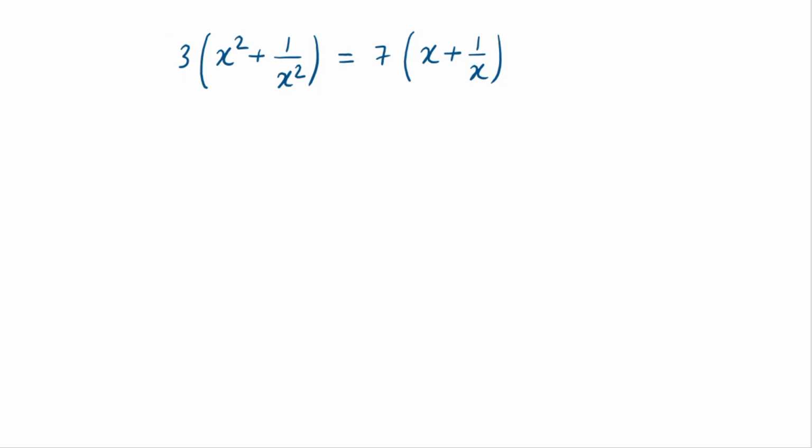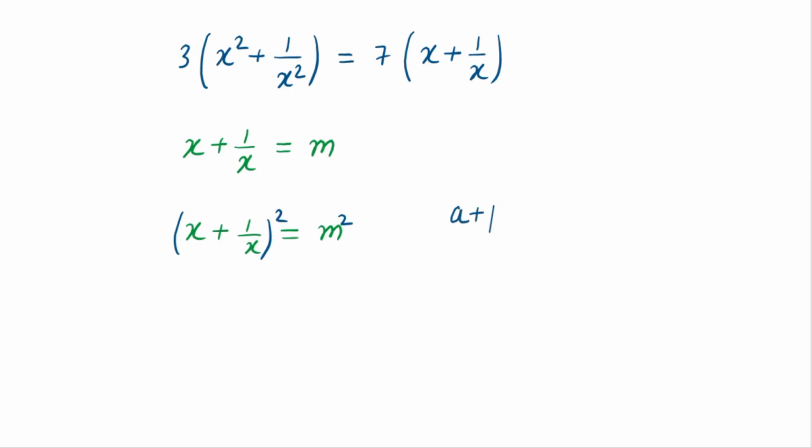Now we will apply substitution, and we substitute x plus 1 over x equal to m. Then x plus 1 over x is equal to m, and if we square both sides, in the left hand side we will apply (a + b) whole square.